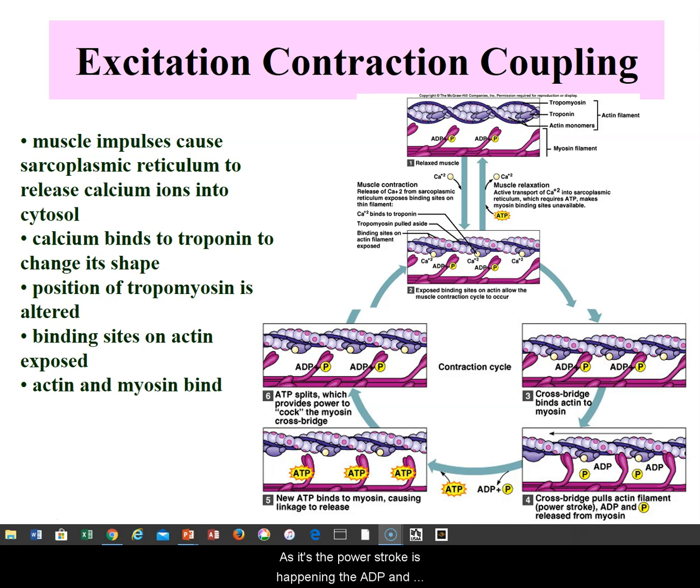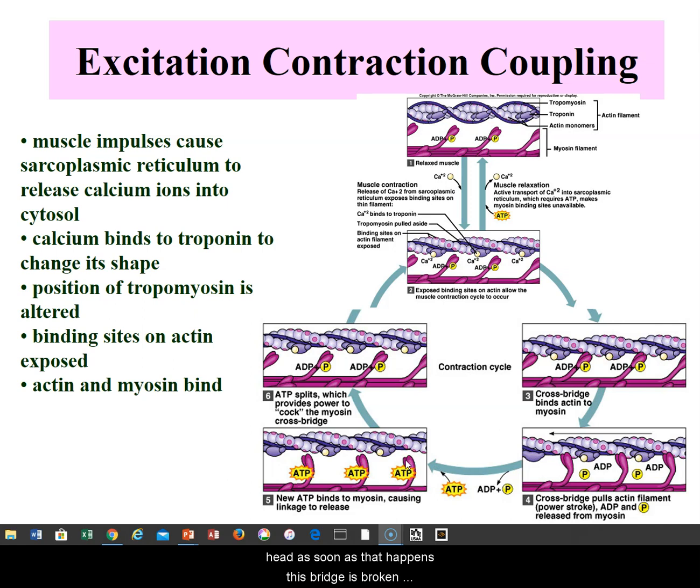As the power stroke is happening, the ADP and phosphate will be released from the myosin head. And then as soon as it's released, an ATP, if it's available, need a lot of ATPs for your muscles to keep working. And so ATP comes in and attaches to the myosin head.